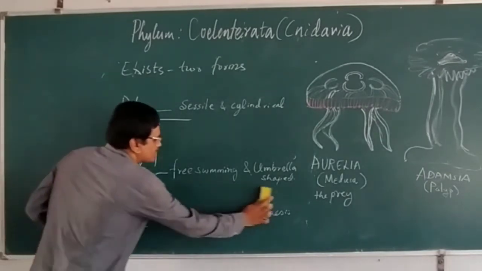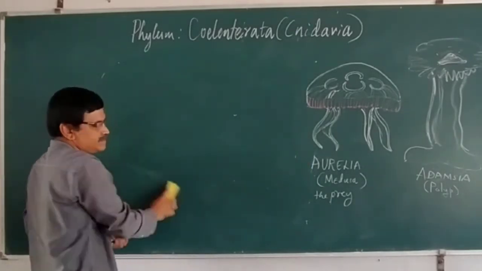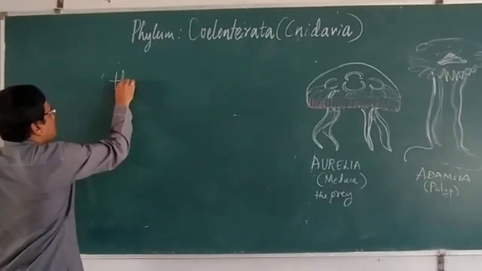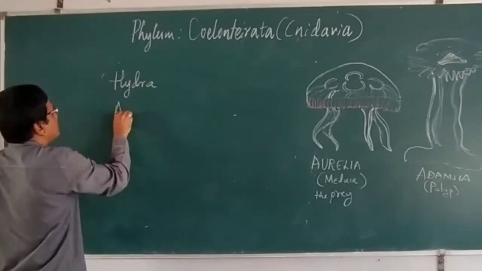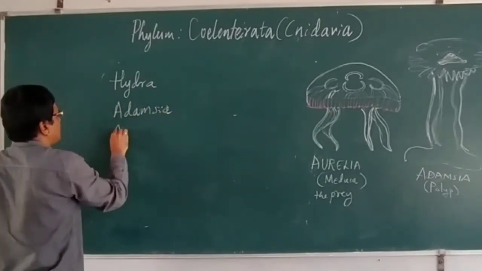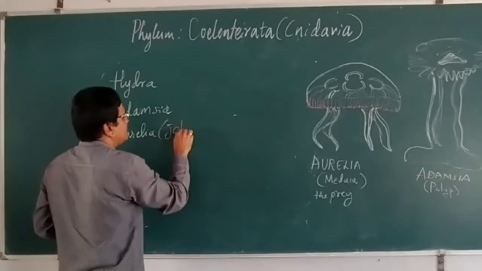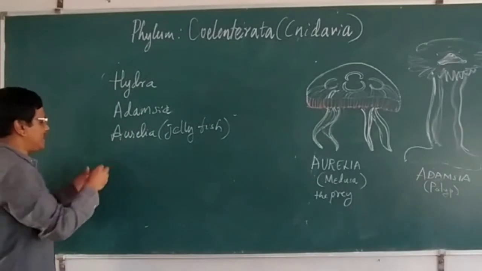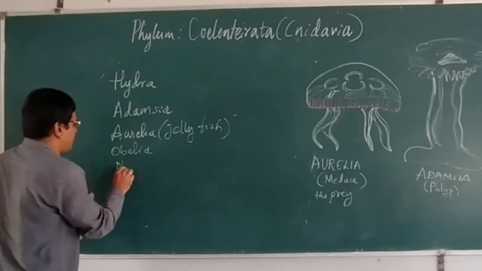Now we look at the examples of cnidarians. Hydra, then Adamsia, Aurelia, commonly known as jellyfish, Obelia, then Physalia.